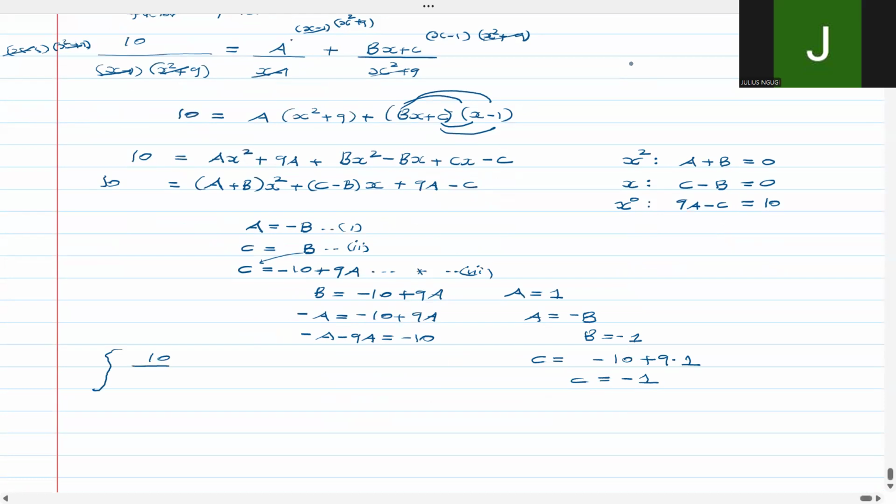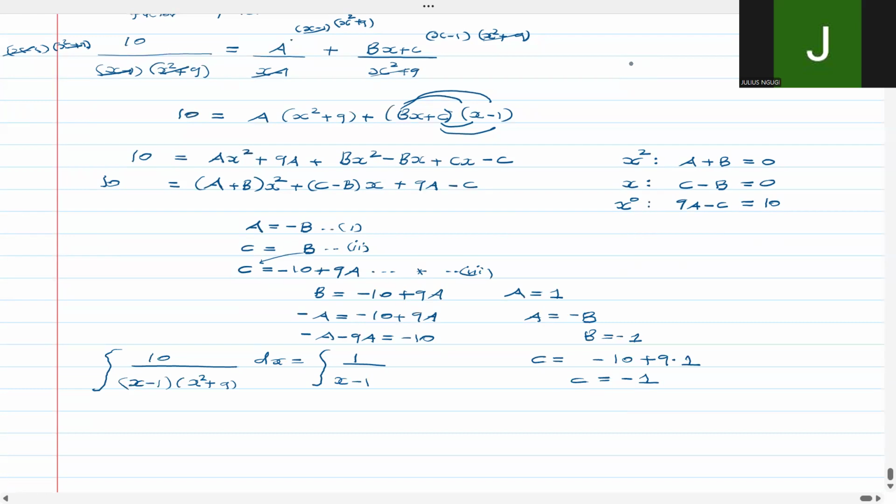Now I can solve the integral of the rational function, 10 over (x minus 1)(x squared plus 9) with respect to x. It can be written in terms of these simpler fractions: a, which is 1, divided by x minus 1.